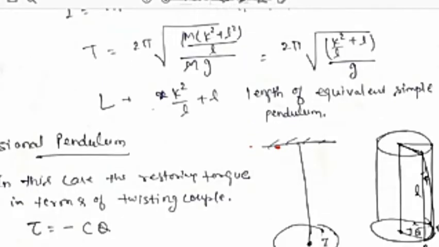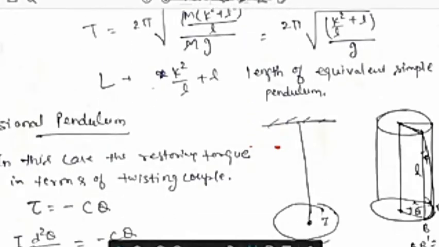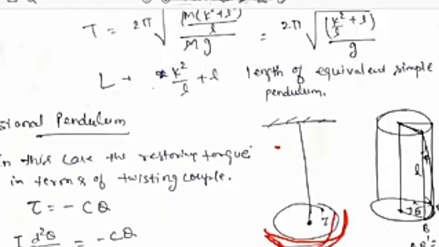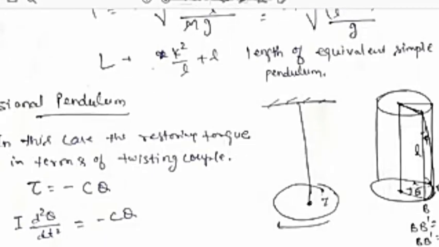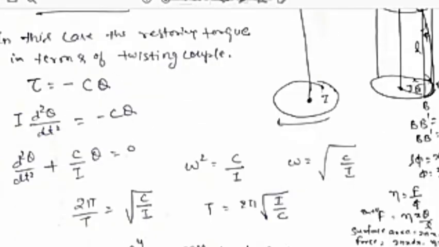Now we are talking about the torsional pendulum. In this case a restoring torque acts, but in terms of a twisting couple, because the rotation is taking place in this way. We know that torque equals minus c theta, which equals I d2 theta by dt square.